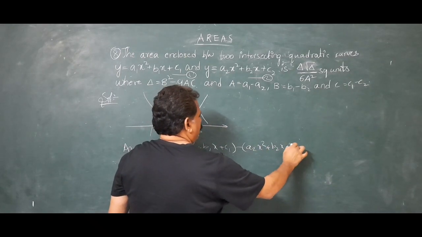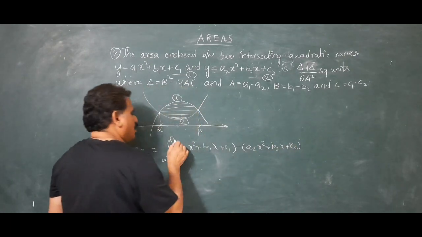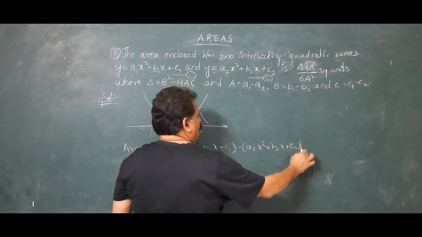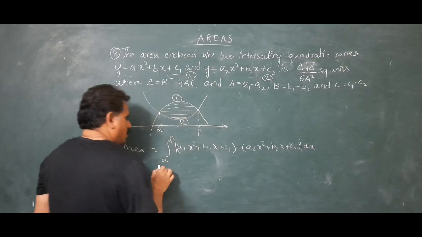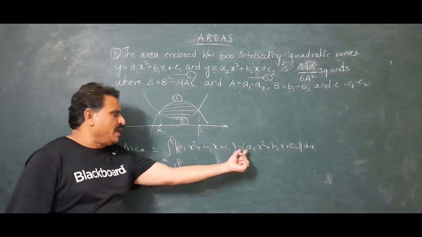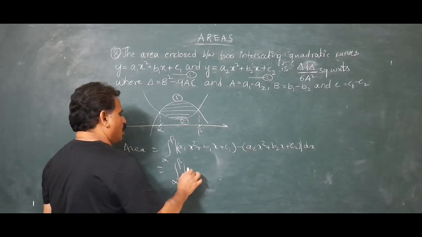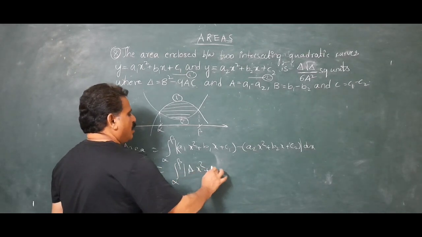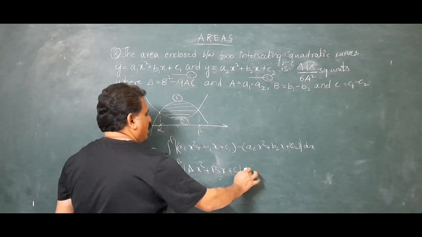Here, sometimes the curves may be changed. That's why we have to take the modulus. That equals the integral from alpha to beta of modulus of (a1 minus a2) into x square, that is modulus of Ax square plus Bx plus C dx.